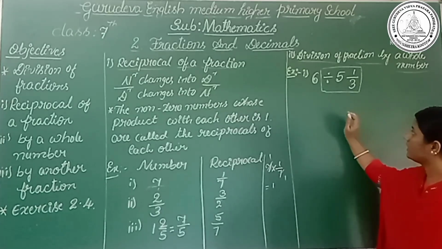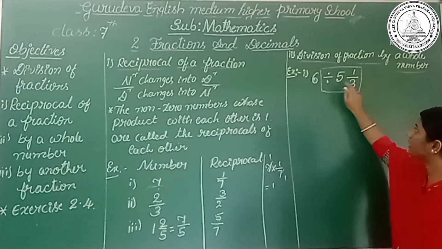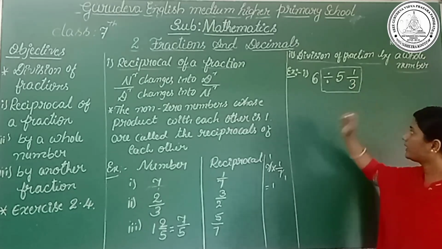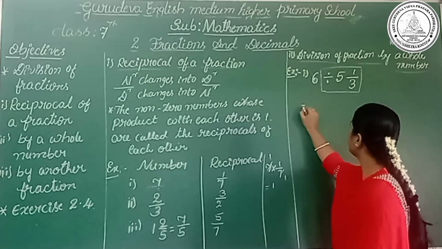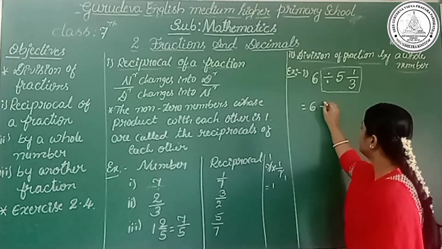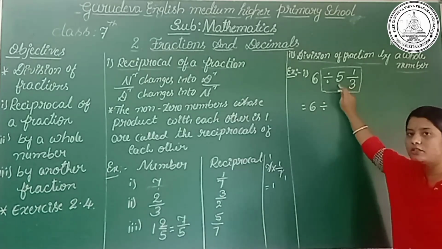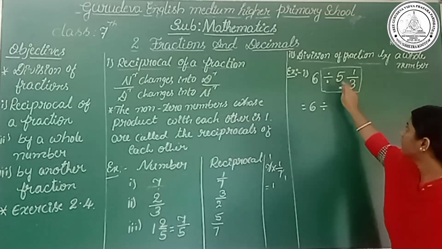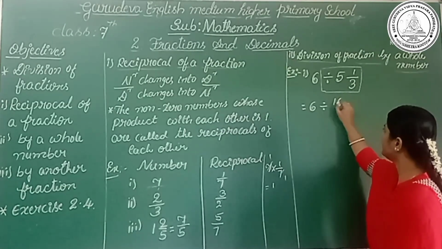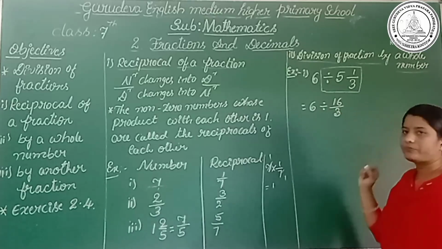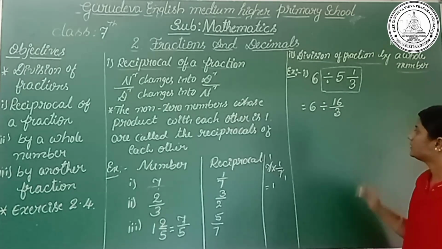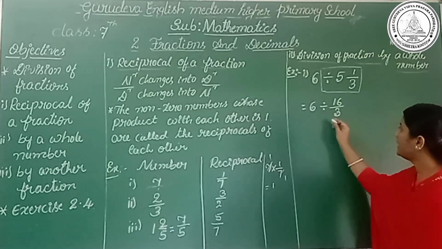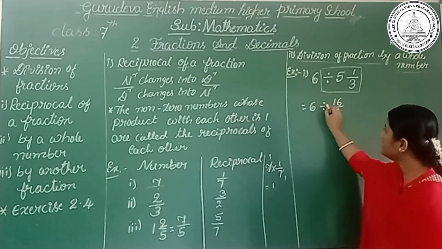Okay, so first, in the first step, we have to convert the mixed fraction into an improper fraction. So let's find out here, which is equal to 6 divided by, convert this mixed fraction into an improper fraction. 3 5s are 15, 15 plus 1 is 16, 16 divided by 3. Okay, so now you have to take the reciprocal for the fraction after the division symbol.